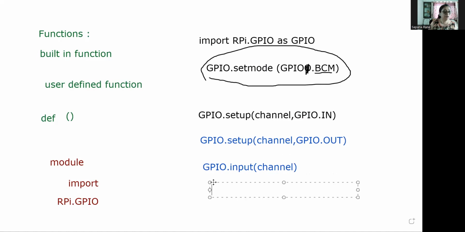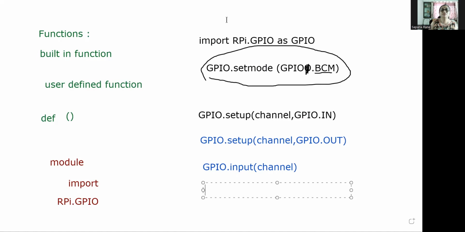Okay. Now suppose you want to set the output state of a GPIO pin. Then what you have to do is just replace input by output and add the state you want to write there.